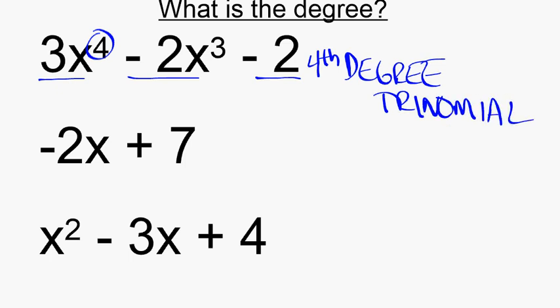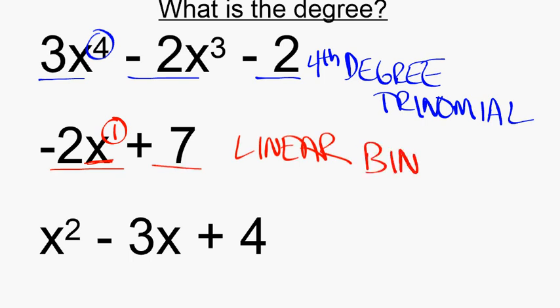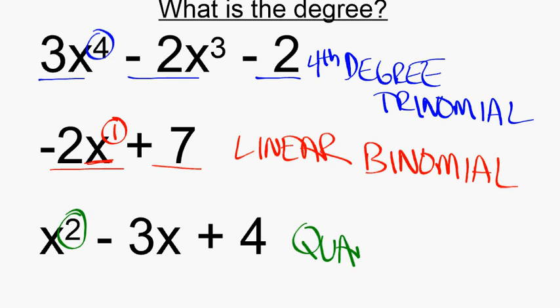The next example has the largest exponent of 1, since there is a variable there. So this is linear. And since we have 2 separate terms, it's a linear binomial. Final example on this set, we have an exponent of 2. That's your largest exponent, so it is a quadratic.